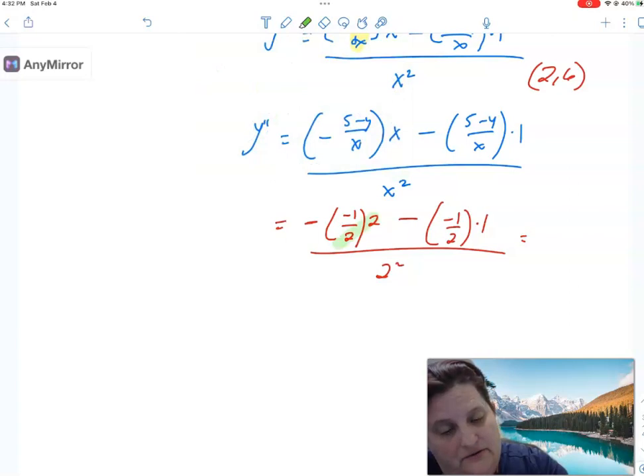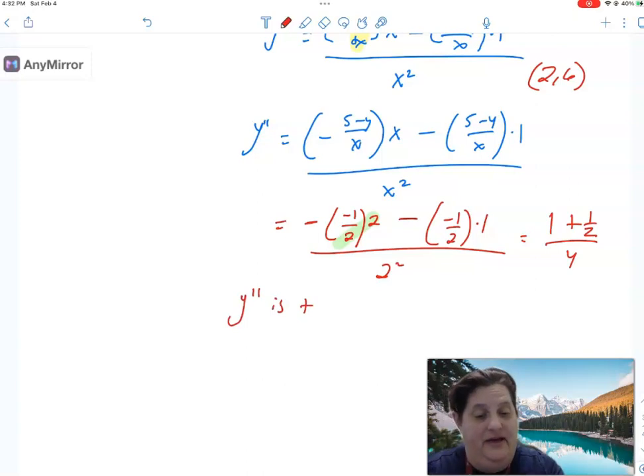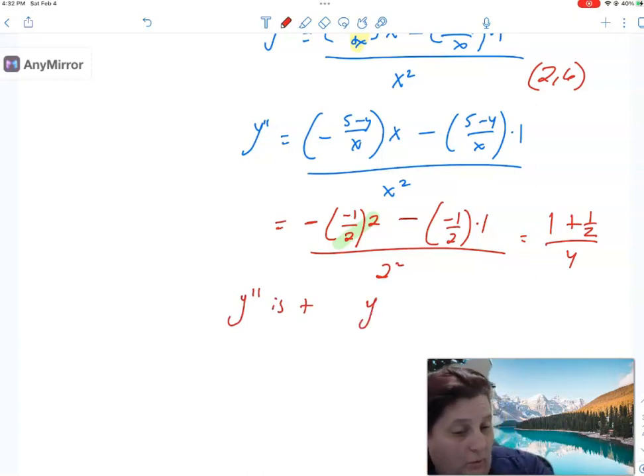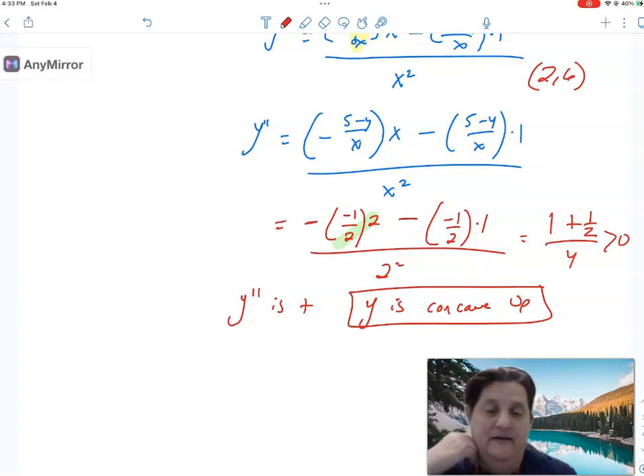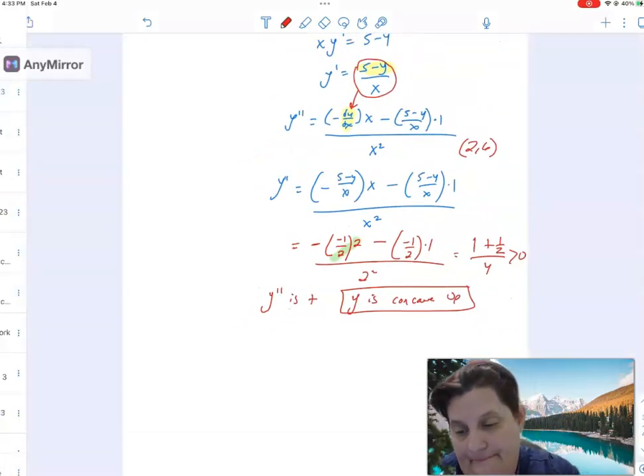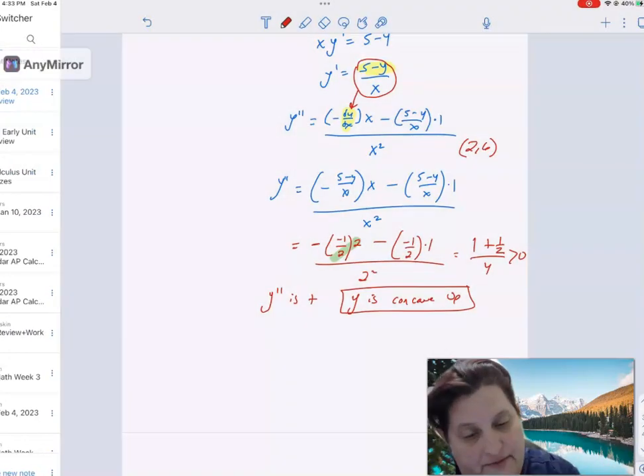Those 2's cancel out, so that gives me 1 plus 1/2 over 4. Since y double prime is positive at that point, y is concave up, because that is bigger than 0. It's positive, so it's concave up.